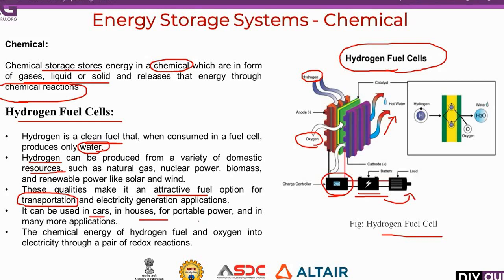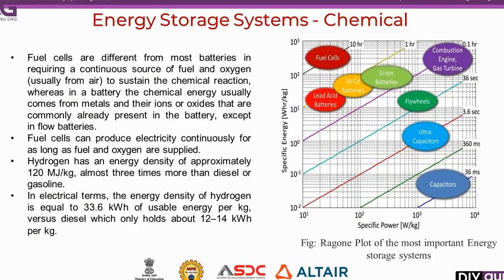portable power devices. The chemical reaction shown in this diagram is a redox reaction, where you have oxidation and reduction, which is called the redox reaction. See, fuel cells are different from conventional batteries because they require a continuous source of fuel and oxygen to sustain the chemical reaction.